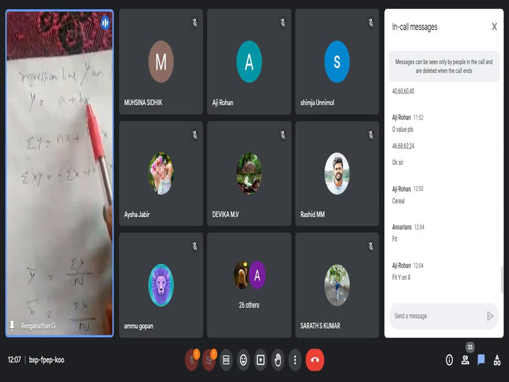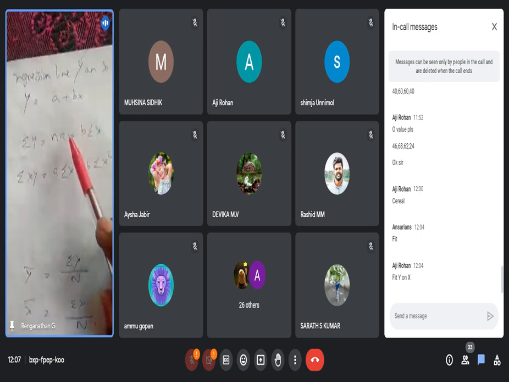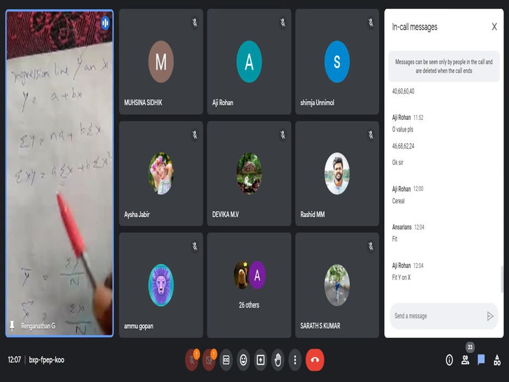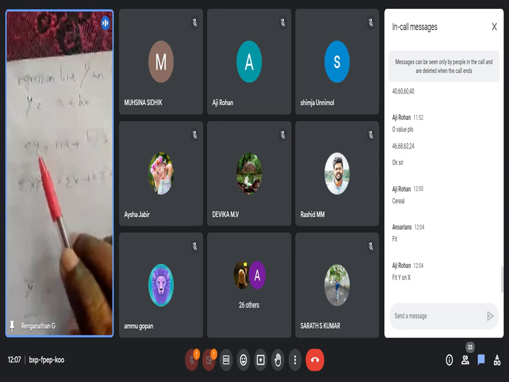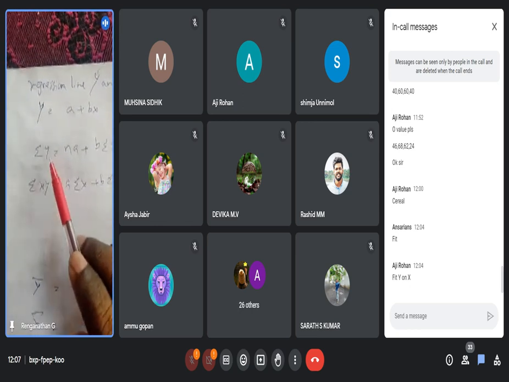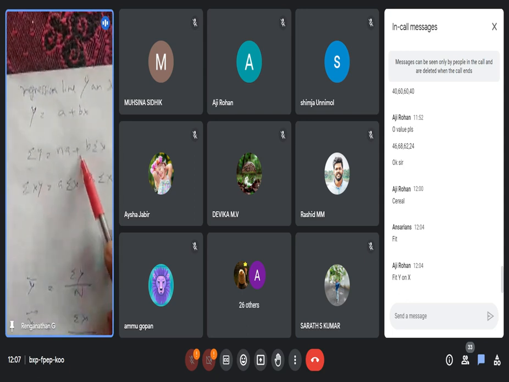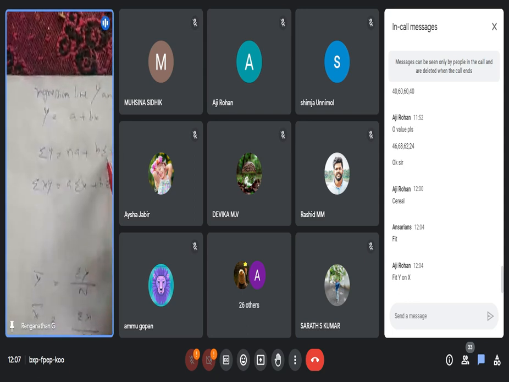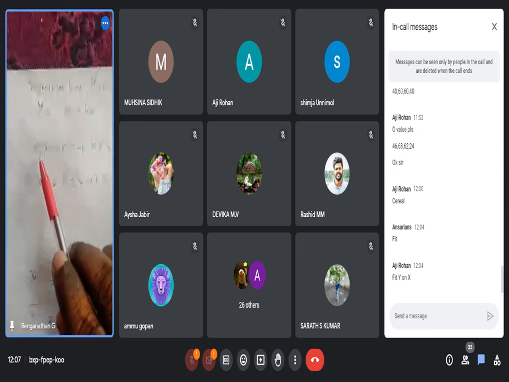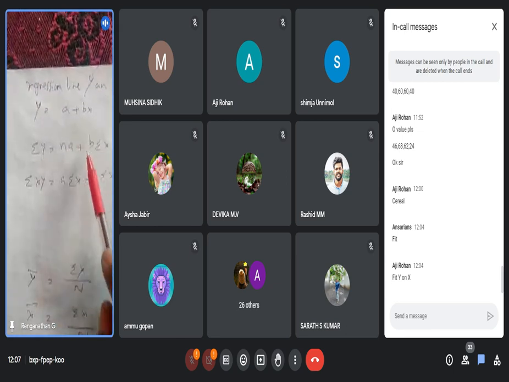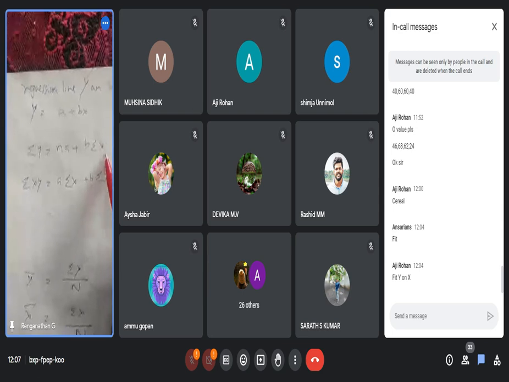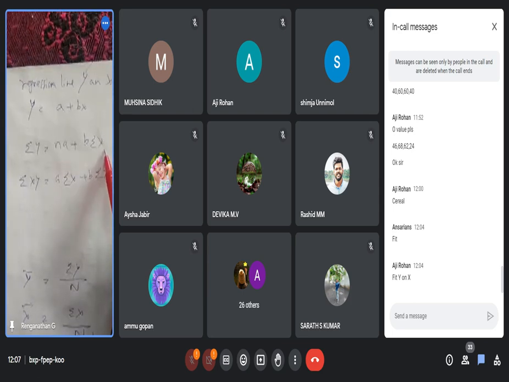We can use this formula only after finding the values of the next two constraints, that means these two formulas. Sigma y is equal to na plus b sigma x. Got it?